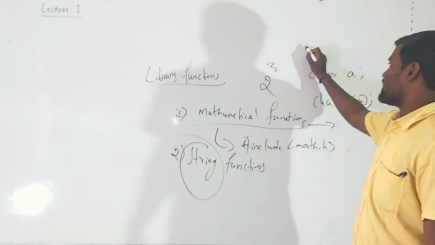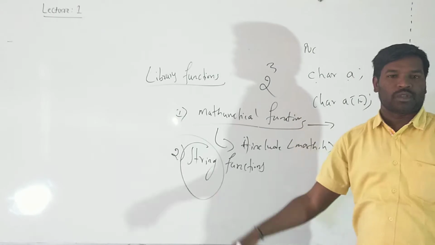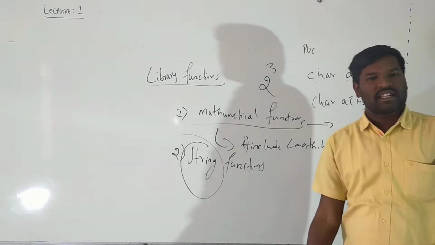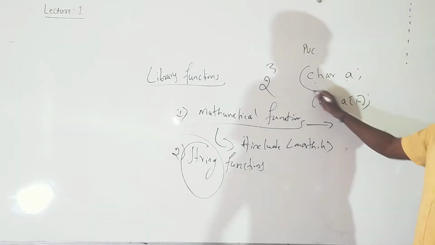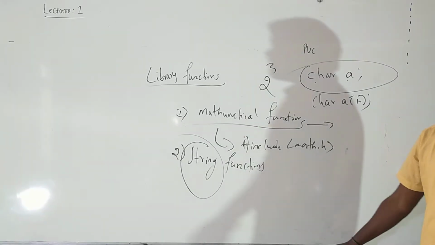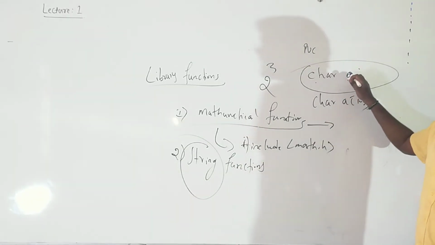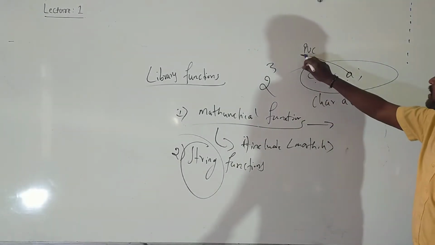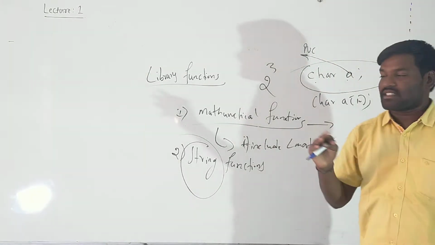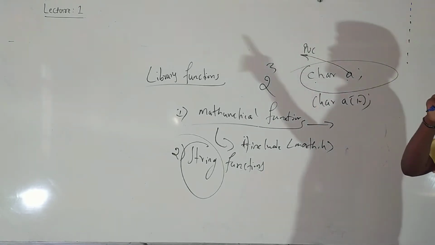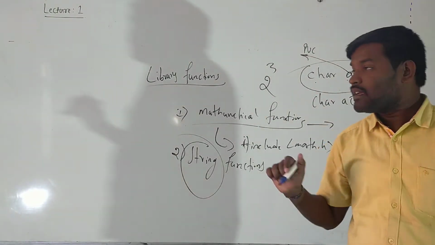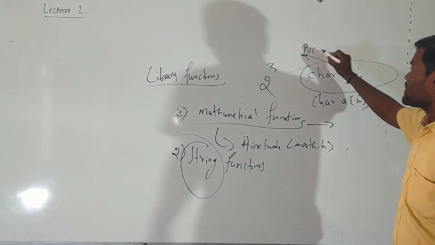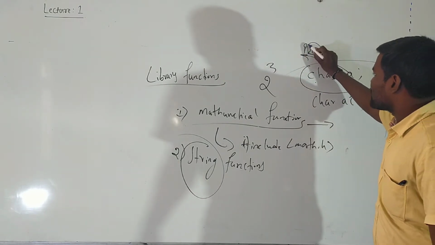For example, if I give PUC as an input and declare the variable like this, a will accept only the first character, that is P, because PUC consists of 3 characters. The value of a is P only; it will reject the remaining 2.